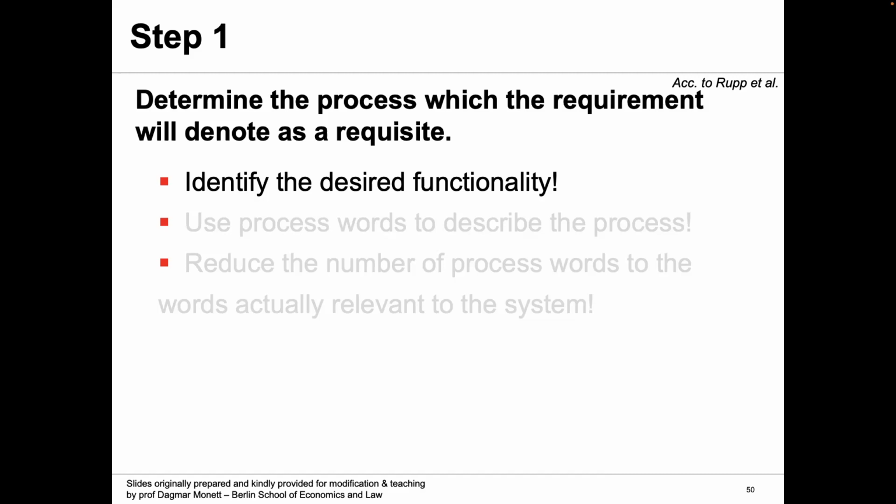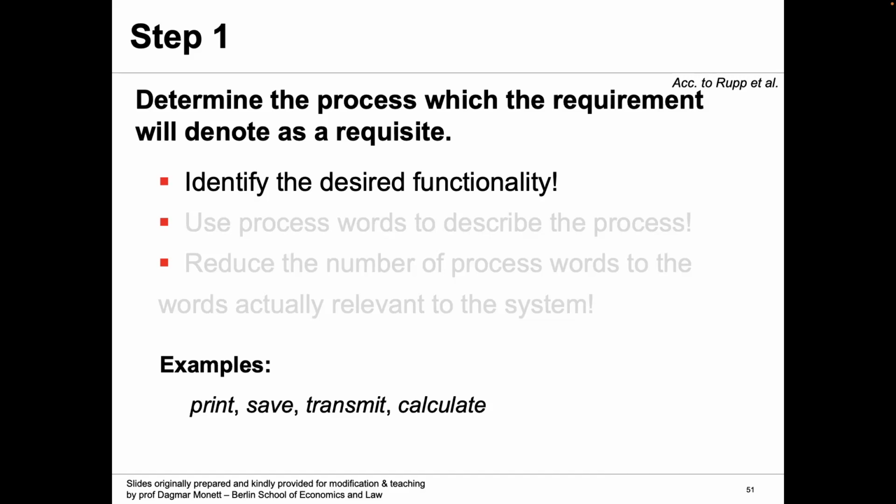In simple English, this means that in order to identify the functionality of the requirement, you need to use a verb. And a verb, you know, is an action. So you are going to identify the action to show the functionality. Nothing more than that.